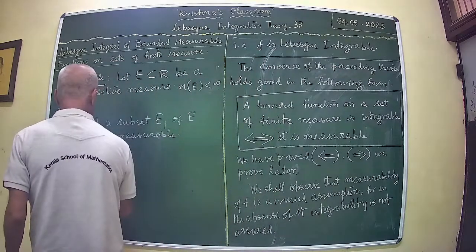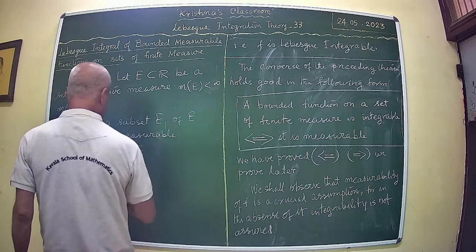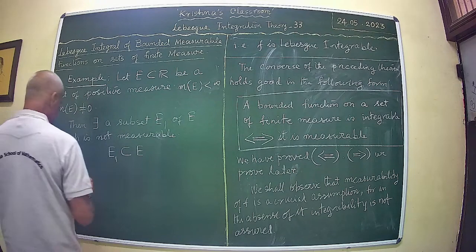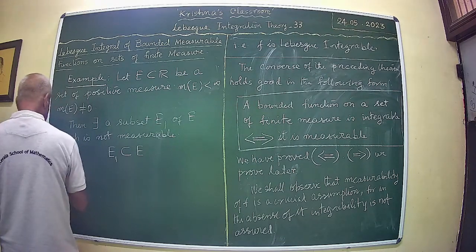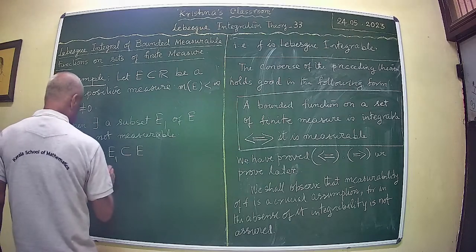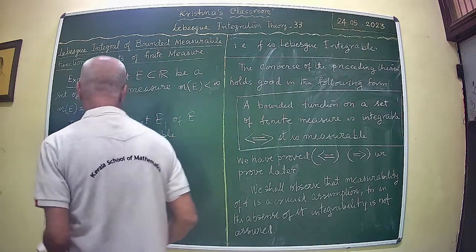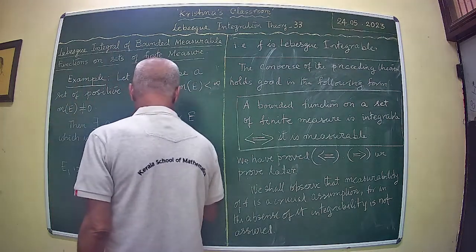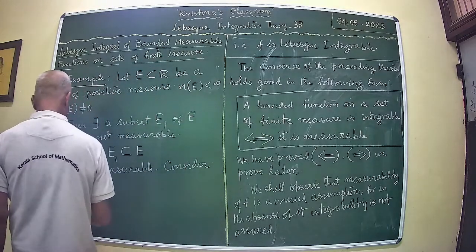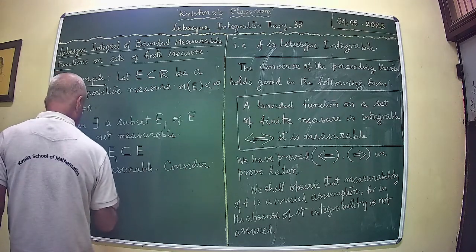That is, we have E1, so E1 contained in E, E1 is not measurable. Now consider the characteristic function of E1.